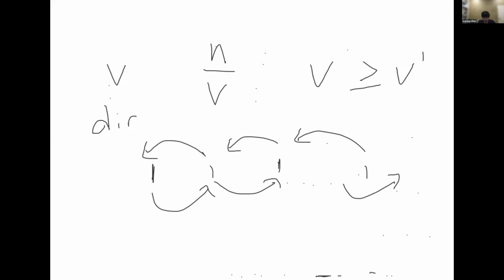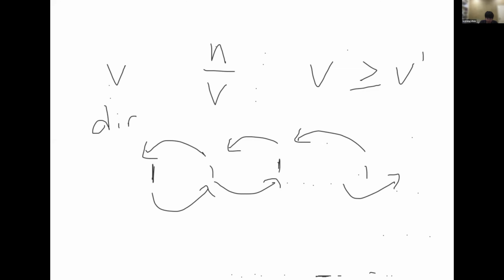You can jump between different indices that have the same value mod v, but she can't actually change her value mod that particular v, because to do so she'd have to increase her velocity.